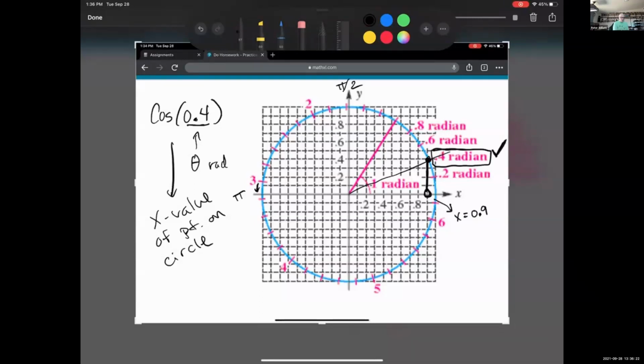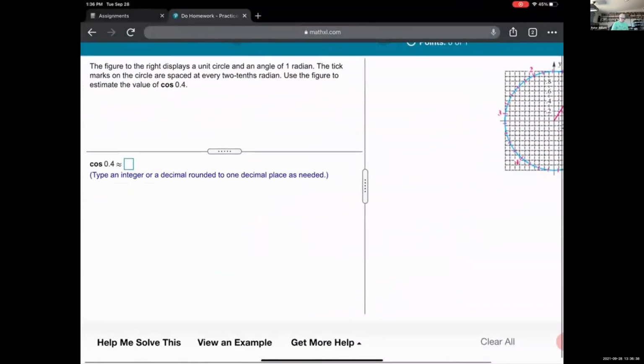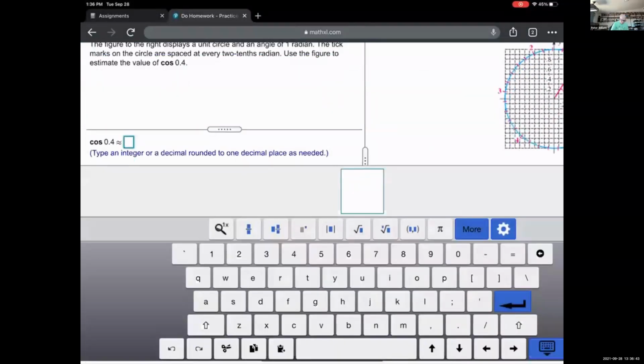And then the cosine for that radian measurement is the x value of the point that's there. And then we would just look that up by looking on the x-axis and saying, I think that's about 0.9. So round to 1 decimal, so I would just put in 0.9.